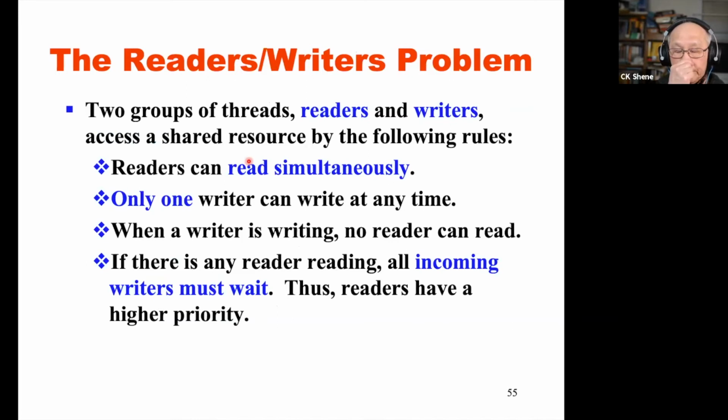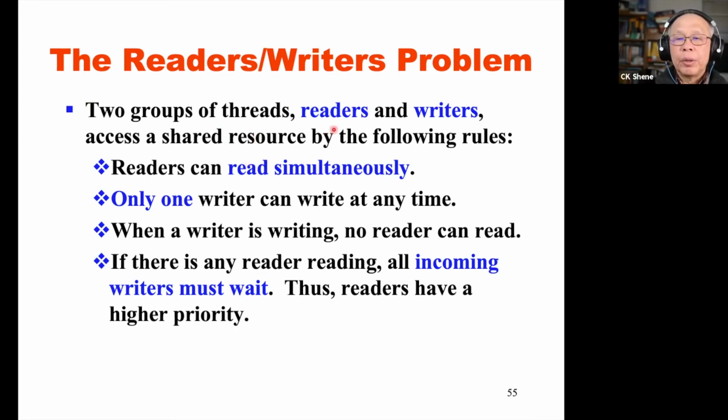Now, the next example, the readers-writers problem, is a bit more complex. And there are so many subtleties here. So please listen carefully. And if you are not ready, you may pause and return to this lecture later on. We have 2 groups of threads.